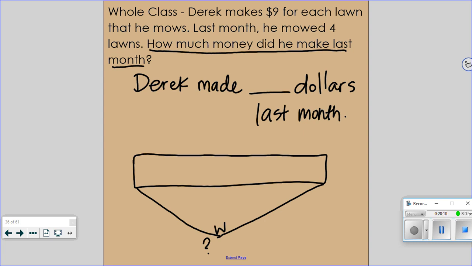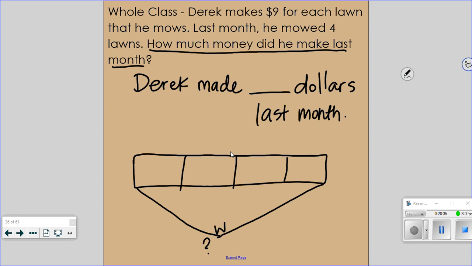So I'm going to break my bar to show how many lawns he mowed. So I'm breaking my bar now into 4 parts. Go ahead and draw your bar broken into 4 parts, because that's going to represent each lawn. Lawn number 1, lawn number 2, lawn number 3, and lawn number 4.